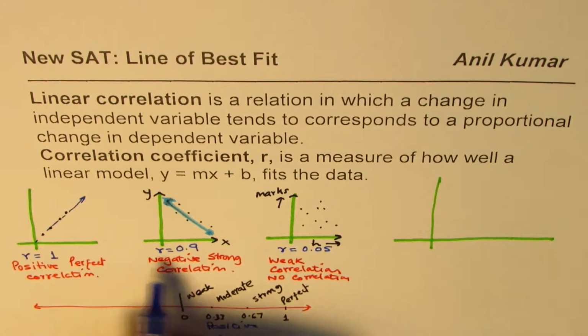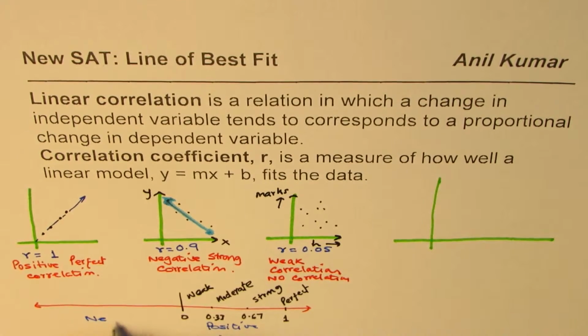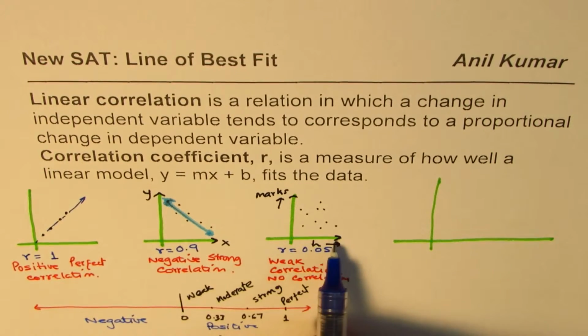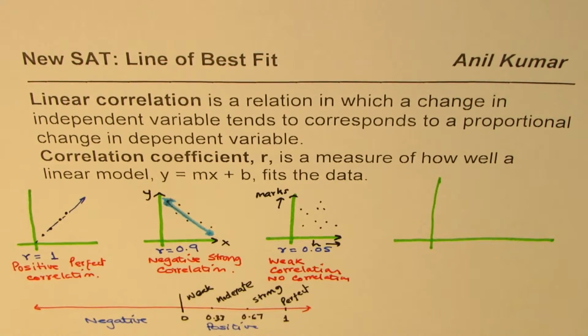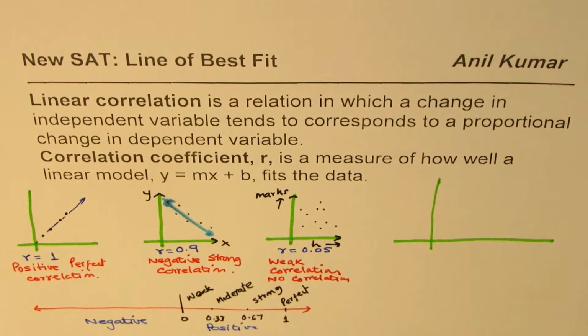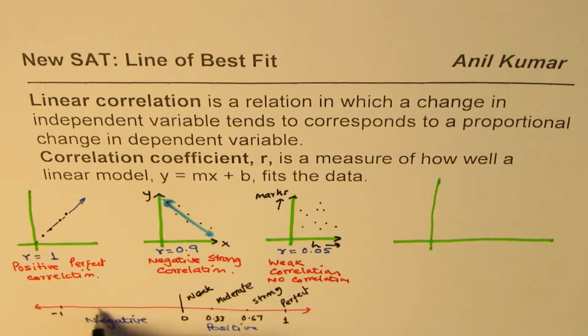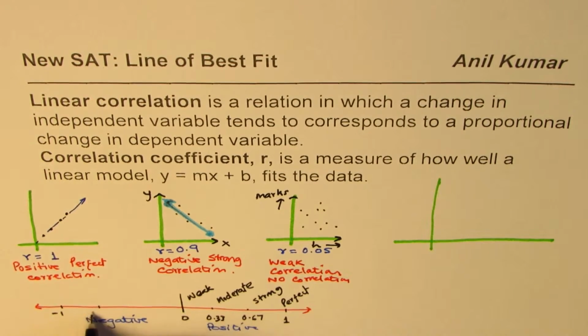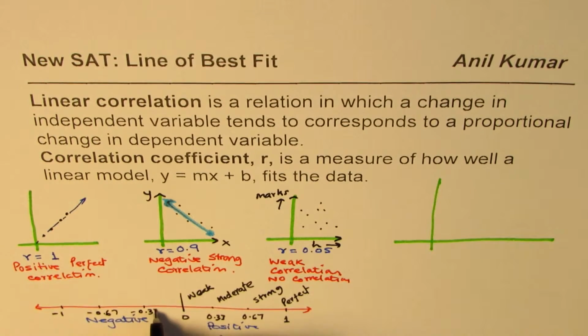But if these values for R is negative, then we say it is negative correlation. That is, when X increases, Y decreases. That's the idea. As X increases, Y decreases. So that is the negative correlation. So if it is -1, you could write this in fractions or decimals. So it could be -1, -0.67 and -0.33, right?